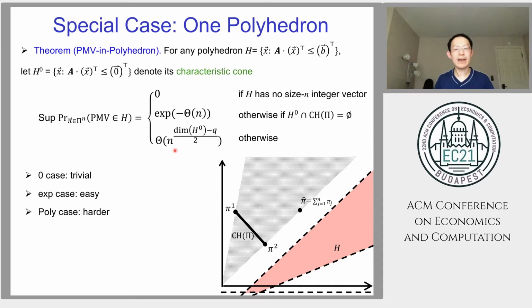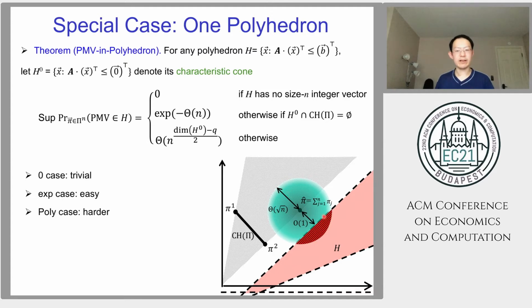We know that pi hat must be in the convex hull generated by this capital pi, basically the shaded area over here. And the concentration theorems would tell us that with high probability, the PMV would fall in a theta square root n neighborhood of pi hat. And because of the condition of the polynomial case, this pi hat is going to be O(1) away from H, or maybe this pi hat is in H itself.